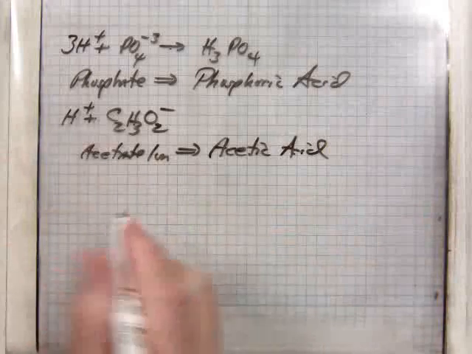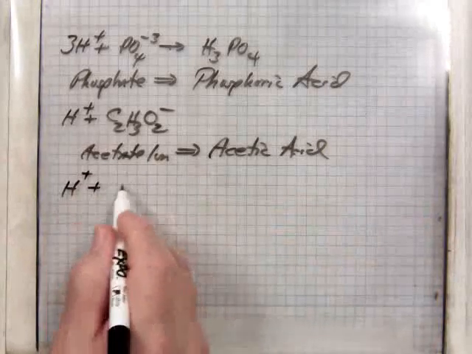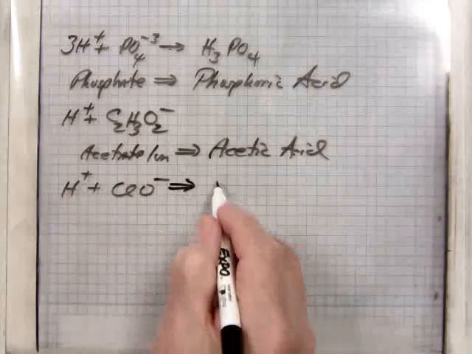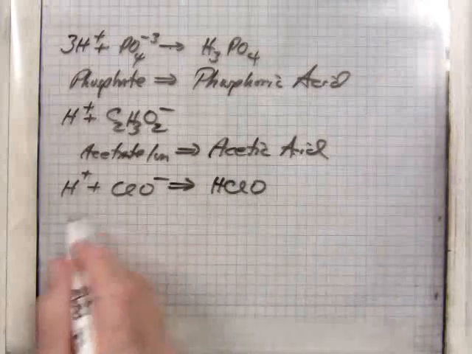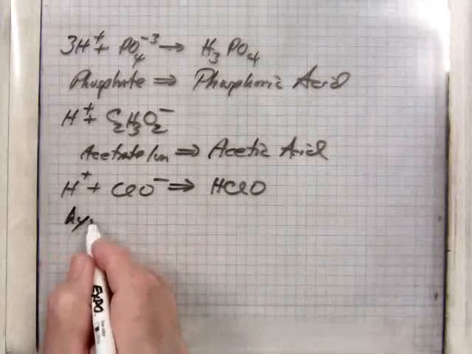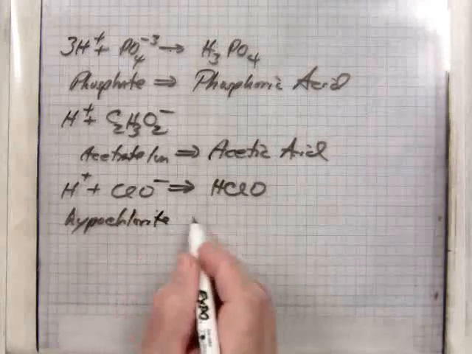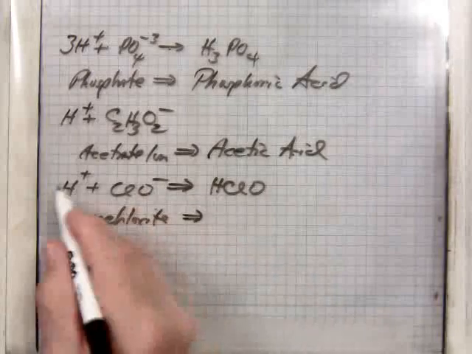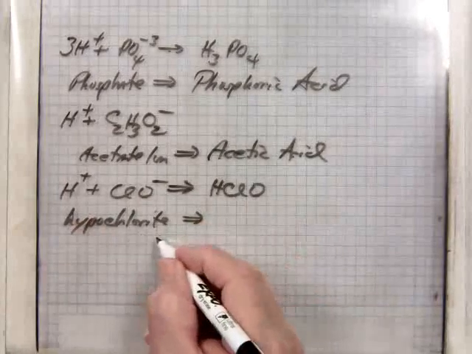Going through some of the analogous series, here we have ClO minus like that, and we'll go to HClO, and this is a hypochlorite. So then the hypochlorite, when you neutralize it with a hydrogen, HClO, and ITE becomes what?